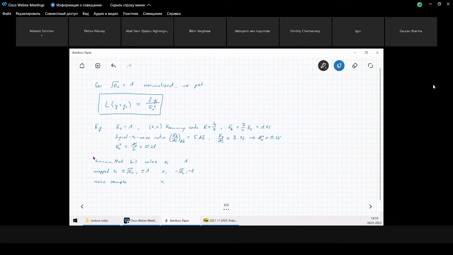So let's assume we have this noise sample being 0.2. Which would give us a received value yi of -1 plus 0.2 will be -0.8.